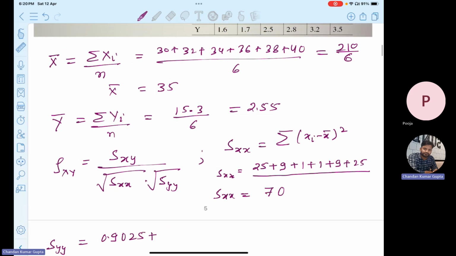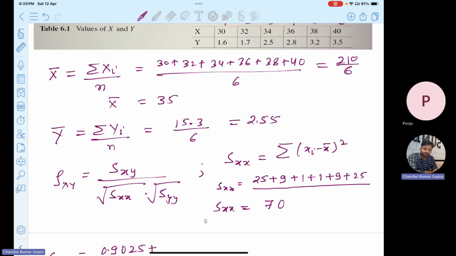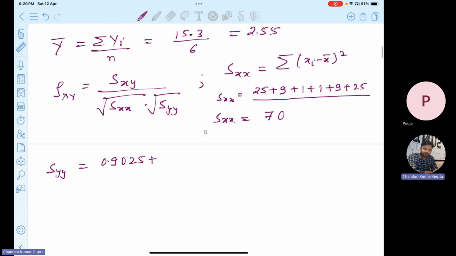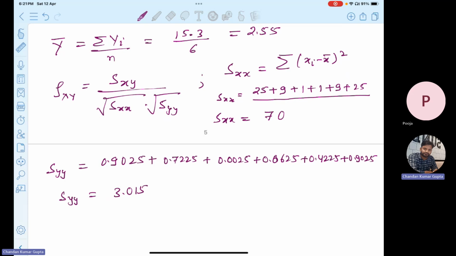Okay, y bar is 2.55, and 1.6 minus 2.55 whole square comes out to be 0.9025. Then 0.7225, then 0.0025, then 0.0625 plus 0.4225 plus 0.9025. Once you simplify, you will find 3.015. Okay, so we have calculated these.